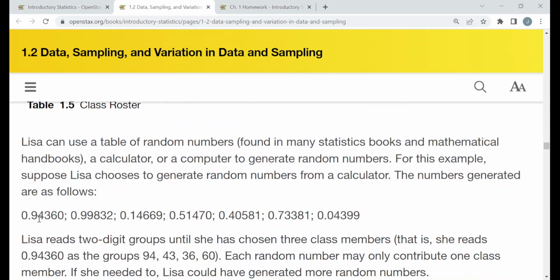So for example, she generates these numbers here. Lisa reads 2-digit groups until she has chosen 3 class members.